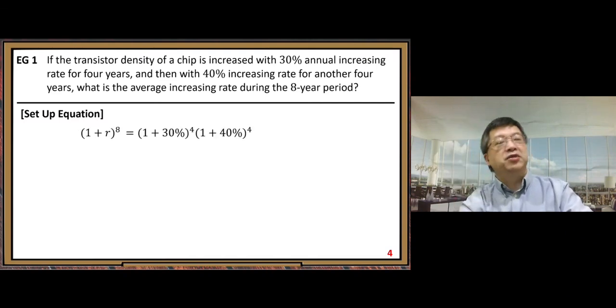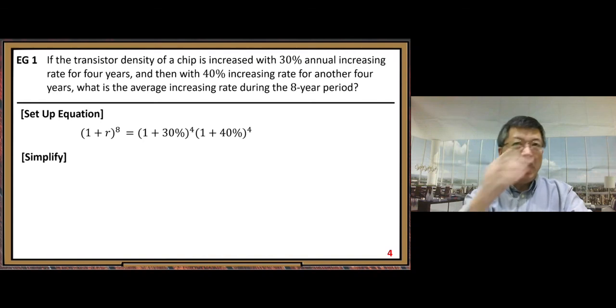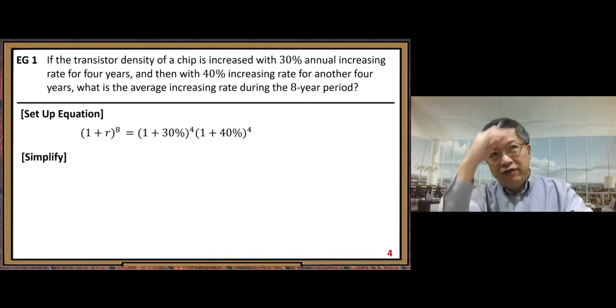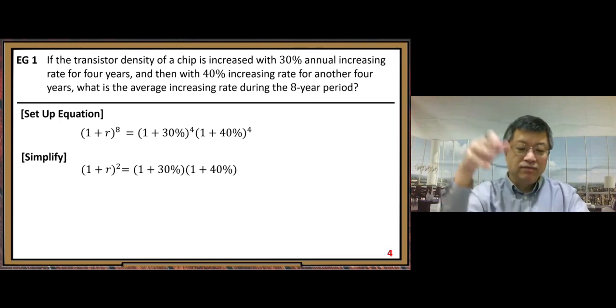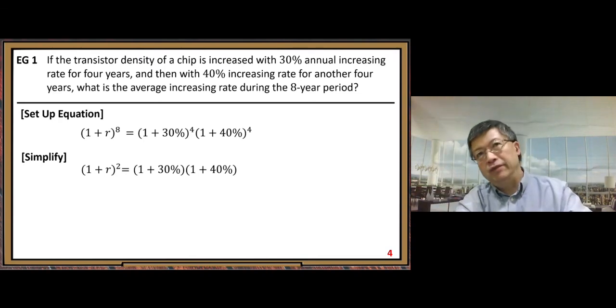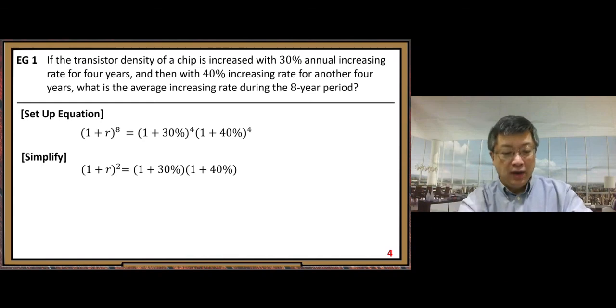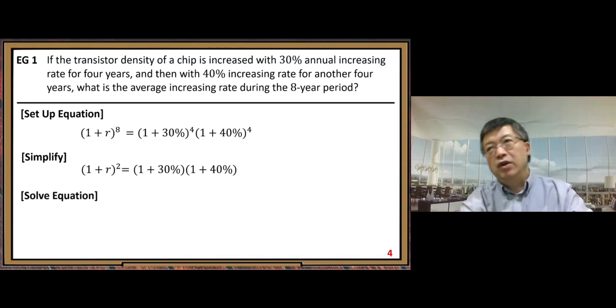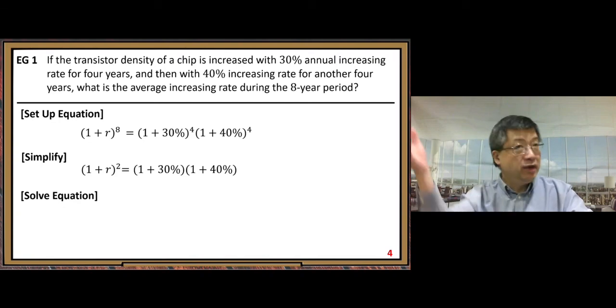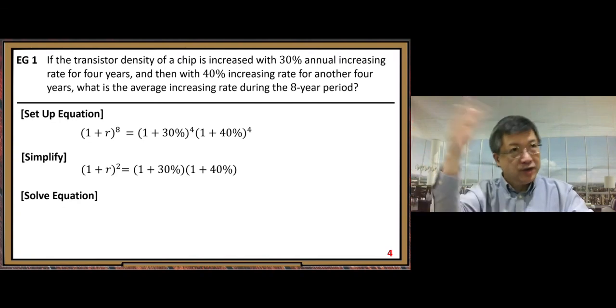This is the equation. Only one variable, so we can solve it easily. First we simplify it: we can take the 4th root of both sides. So we get 1 plus R squared equals the product of 2 numbers. Second, solve this equation for R. Easy, take the square root, minus 1.